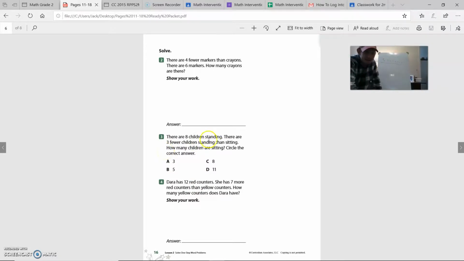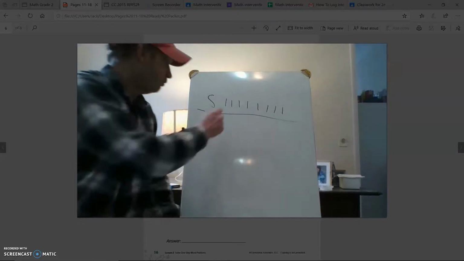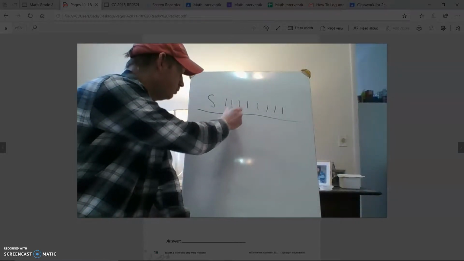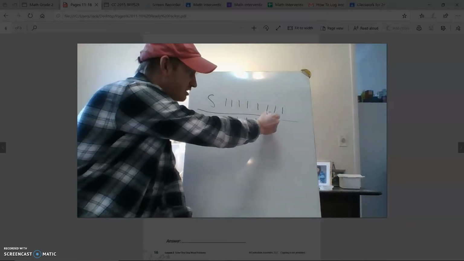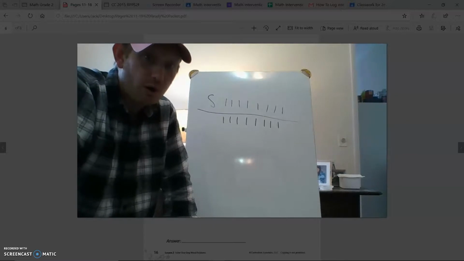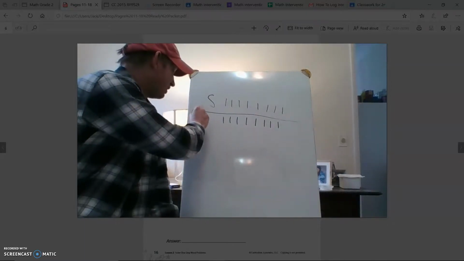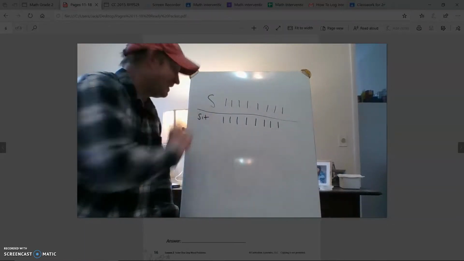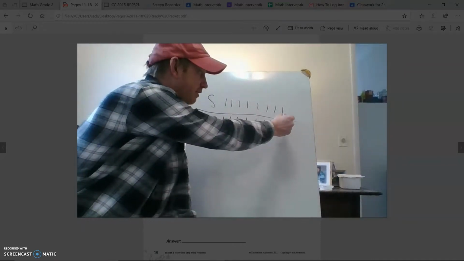So if I have 3 more sitting, I'm going to redraw my people. 1, 2, 3, 4, 5, 6, 7, 8. And then I'm going to add those 3 more. These people are sitting, so I'll do S-I-T for sit. I have to add 3.